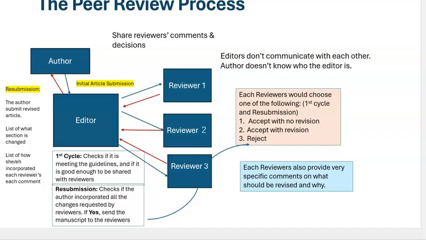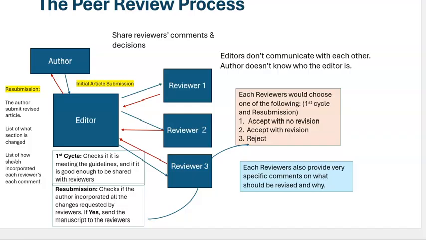Together with one of these decisions, each reviewer will also provide very specific comments on what should be revised in what way and why. And then the reviewers individually will communicate with the editor about their decision and then share the comments.